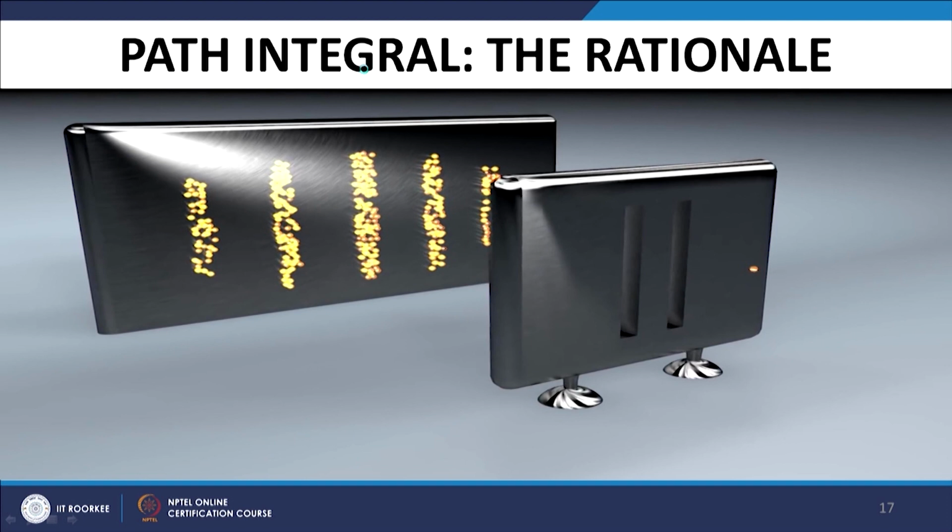Now, what happens? Suppose I put another screen B between the screen A and this detector screen O. There is no necessity, there is no mandatory requirement that the paths we are discussing must necessarily be two-legged paths, S to A and then A to O. That is not codified.